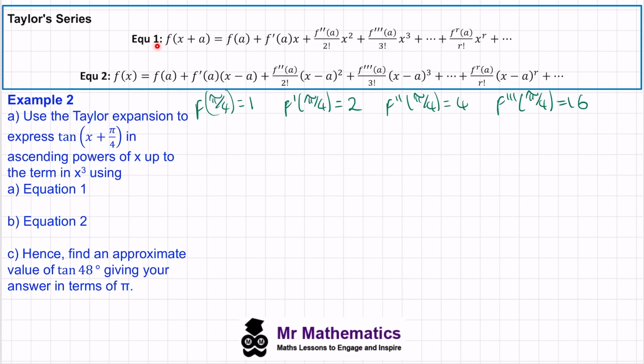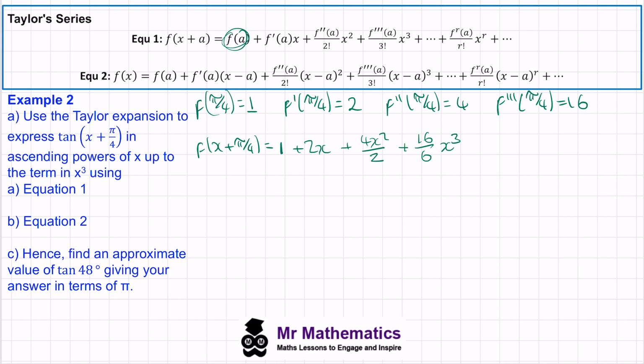So if we use equation 1, we know that f of x plus pi over 4 will be equal to f of a, so 1, plus f dash of a times x, so plus 2x, and then f double dash of a times x squared, all divided by 2, so 4x squared, all divided by 2, and then a third power, f triple dash of a divided by 6, which is 3 factorial, which gives us 16 over 6 x cubed.